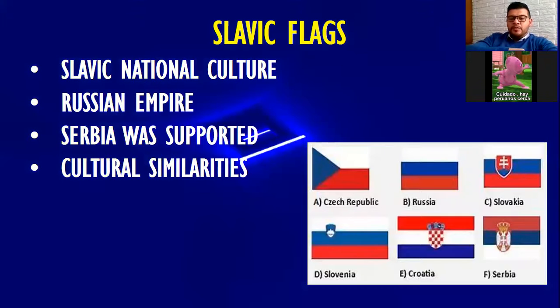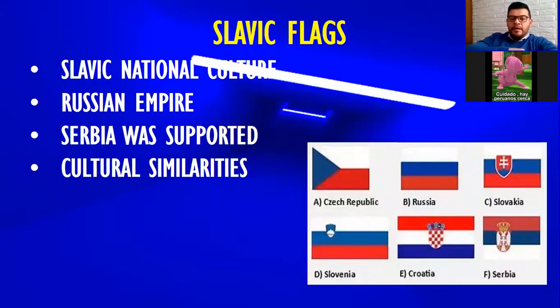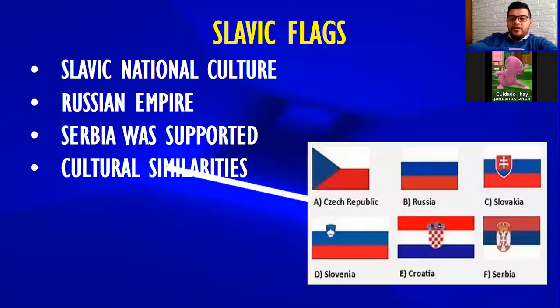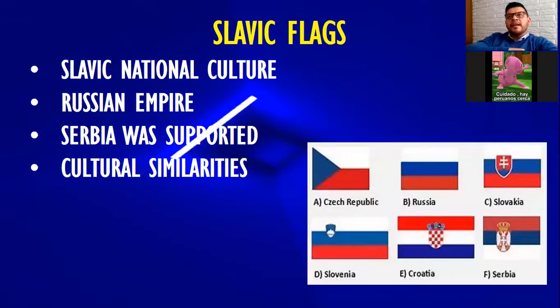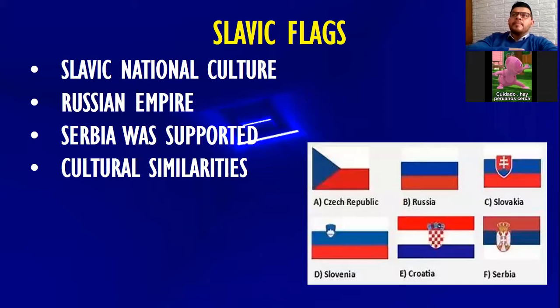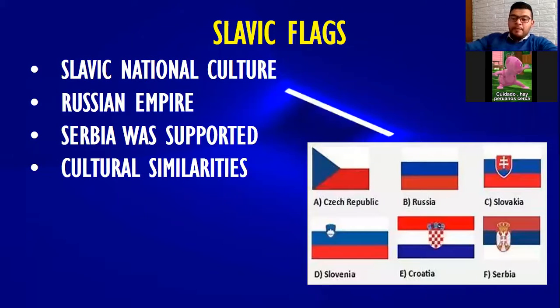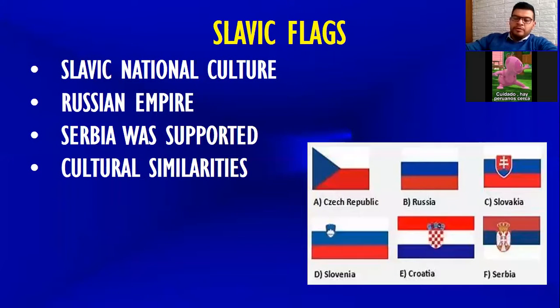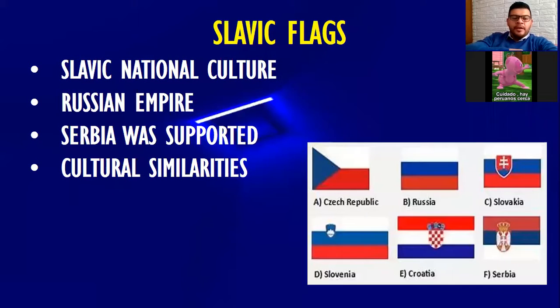And if you notice, everything comes from the flag mother, which is the Russian flag. These are the colors of the Slavic national culture, which is an identity very different to the one from this side of the world, because even the Slavic countries use a different alphabet than the one we use here in the Latin American countries, or in some Western European countries.